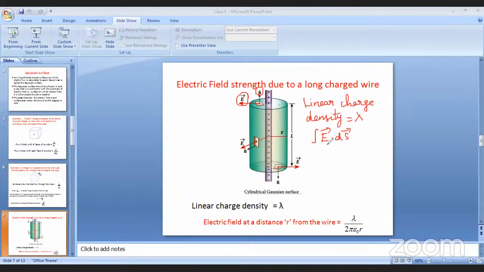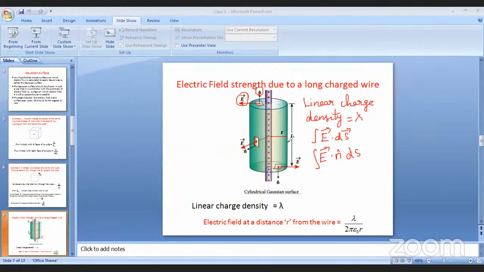Since this is a dot product, when the electric field and the surface area vector are at 90 degrees, the integral vanishes. So along the two caps the integral vanishes.